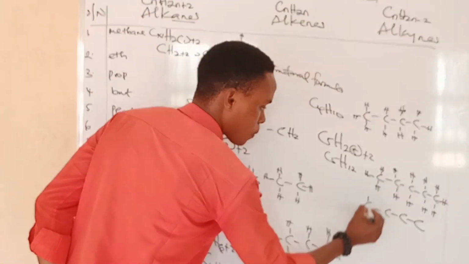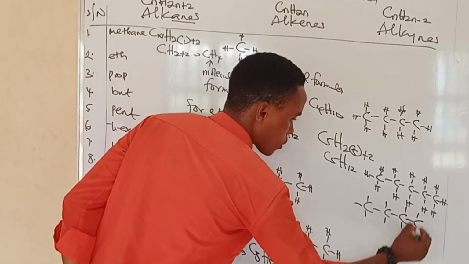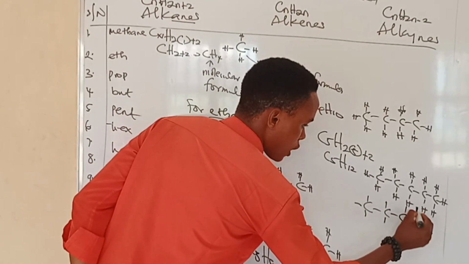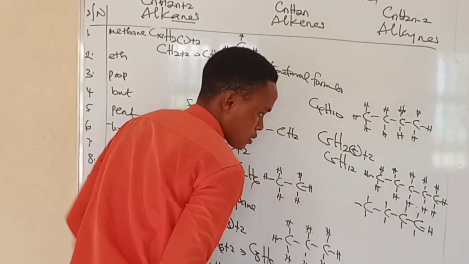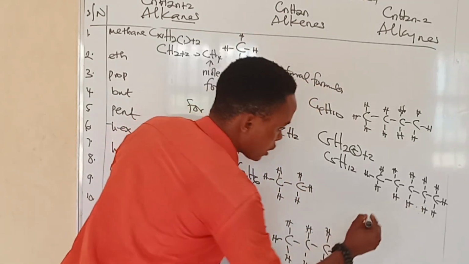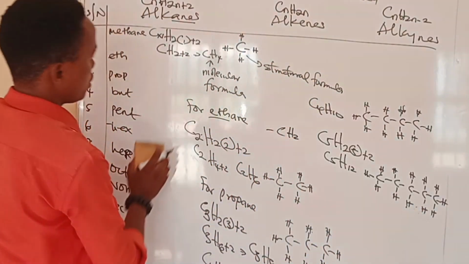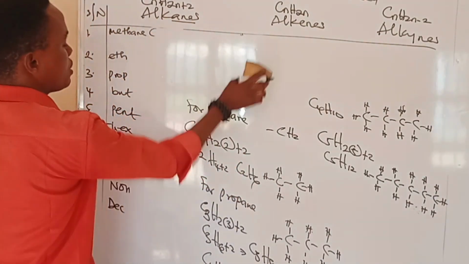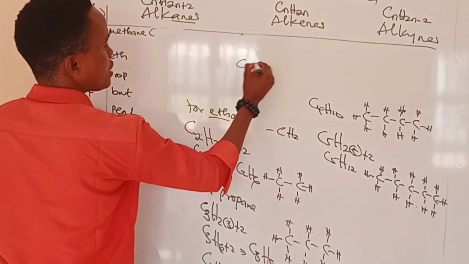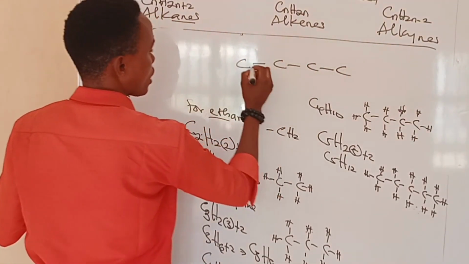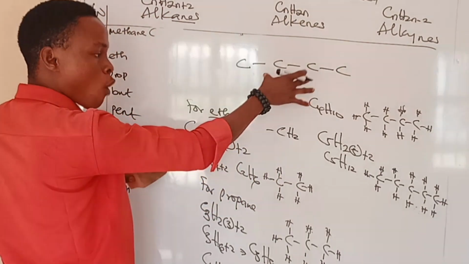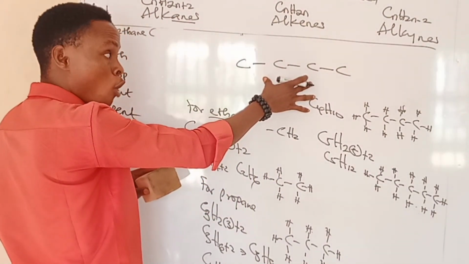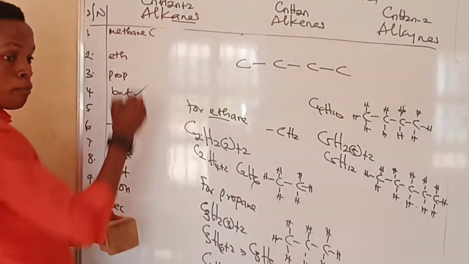If I have this, let me take it up so you follow. If we have this, this is 4 carbon atoms, and 4 carbon atoms corresponds to butane.